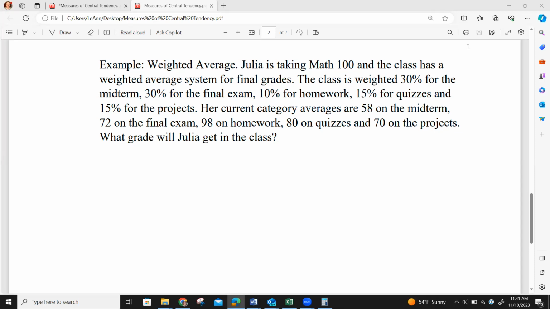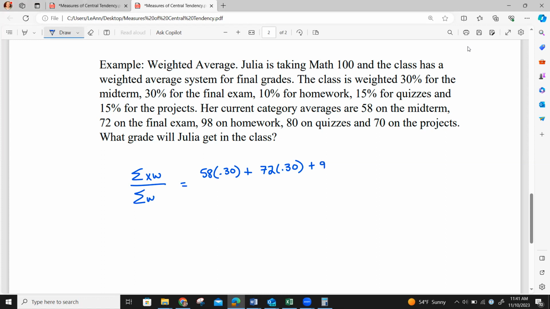Okay, so remember this is our weighted average formula. Sum of all the x's times their weights divided by the sum of the weights. So we take the category averages for each group. So 58 on the midterm, we times it by the percent as a decimal for the midterm weight, which would be 0.30, plus we had a 72 on the final exam, which is also weighted at 30%, so times 0.30.